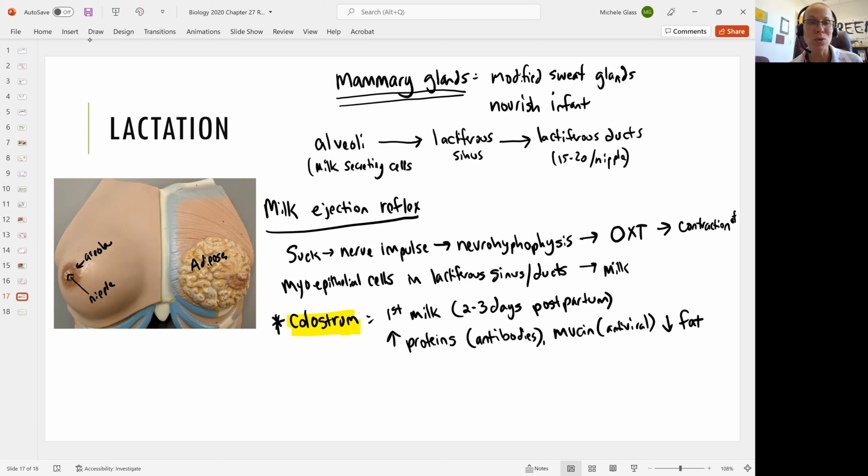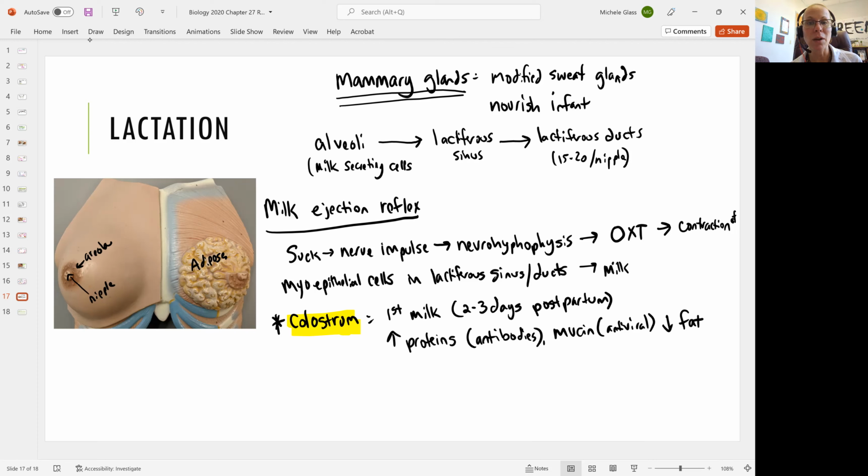Now, one of the really cool things about breastfeeding is that hormone oxytocin doesn't just cause contraction of your myoepithelial cells in the lactiferous sinuses and ducts, but also causes contraction of your uterus. Now, that's not super lovely if we're talking about contractions or cramping, but it is super lovely in terms of helping to return that uterus back to its pre-pregnancy size.